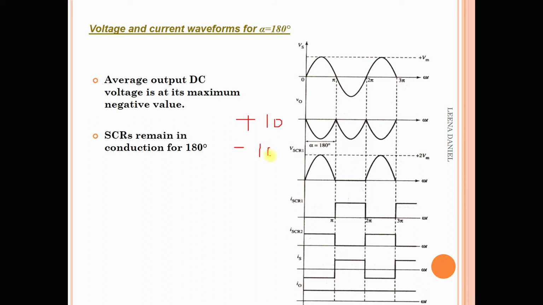So like this, if you want to reverse the polarity of the DC, you can vary this alpha from 90 to 180 degree.